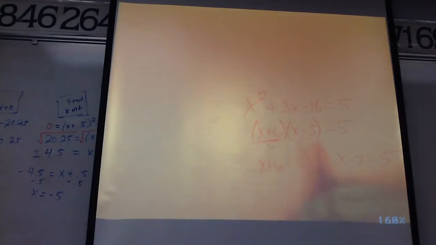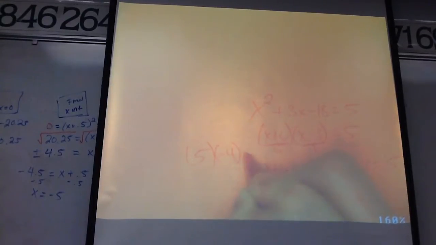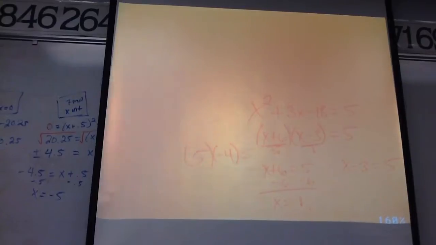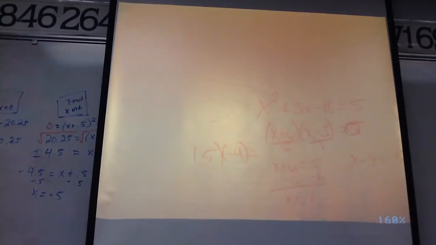That means this number has to be 1 so that when I multiply it, it gets true. And that isn't going to happen. If I had x plus 6, x equals negative 1, that doesn't work. If you plug in negative 1 for this, you get 5 times negative 4, and it'll end up with 20. It doesn't work. 0 is special. It only works with 0 because when you plug it in, you get 0 times something, and 0 times something is always 0.